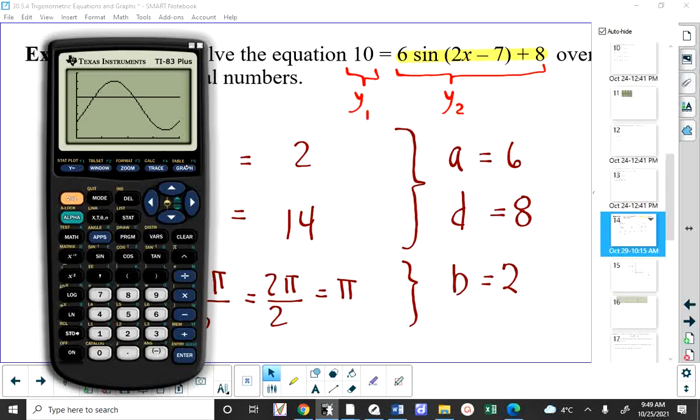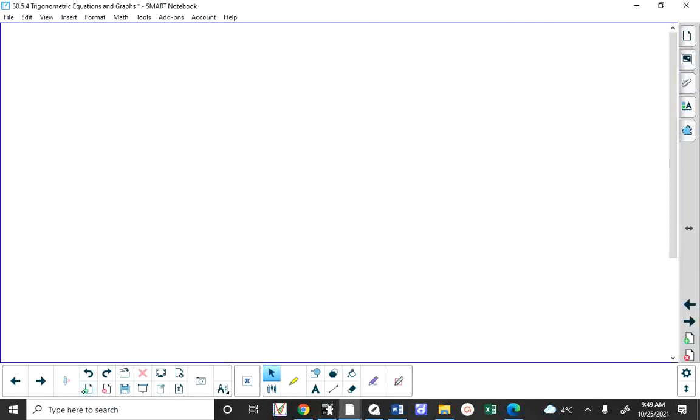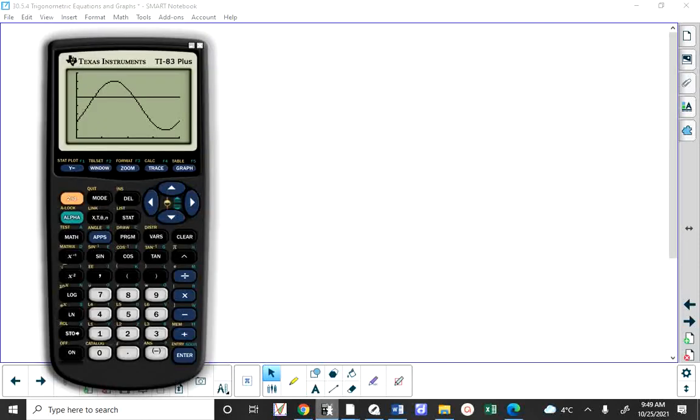So now, let's find those intersection points, because it's the x-coordinate that's the solution. Go to my Calculate menu and choose Intersect. I'm closer to the intersection point on the left, so it's going to find that one.